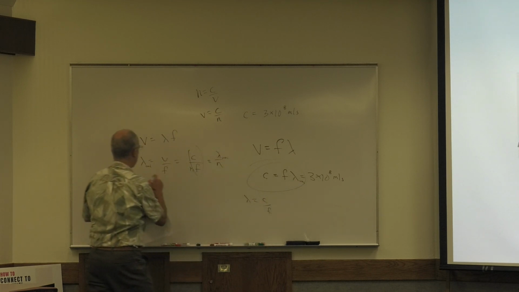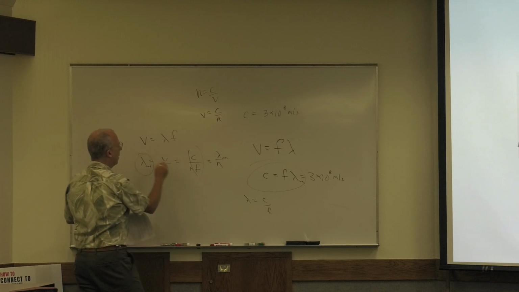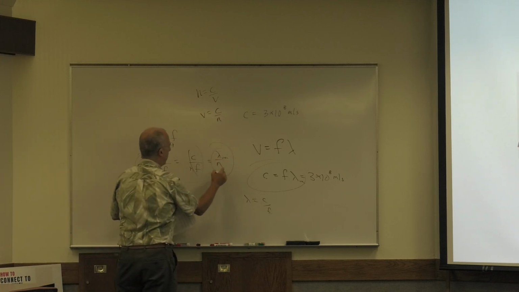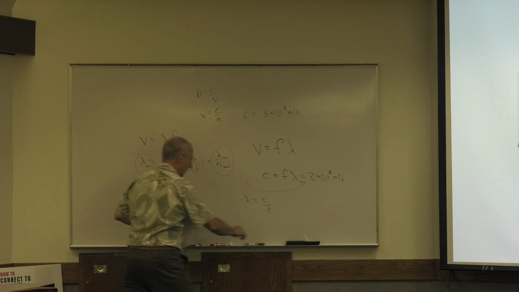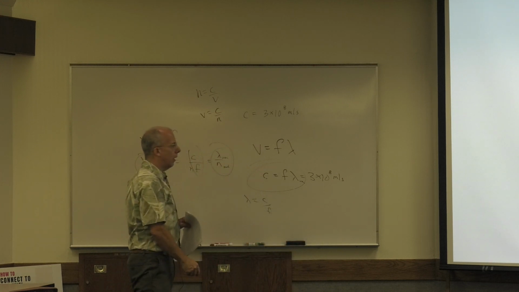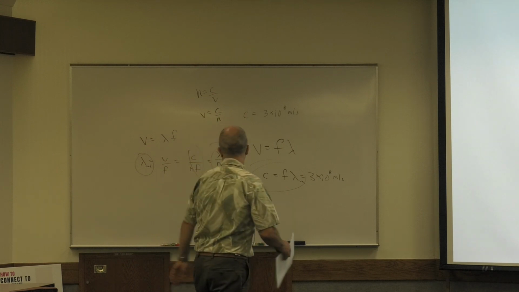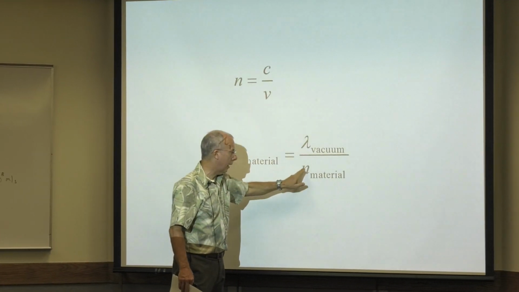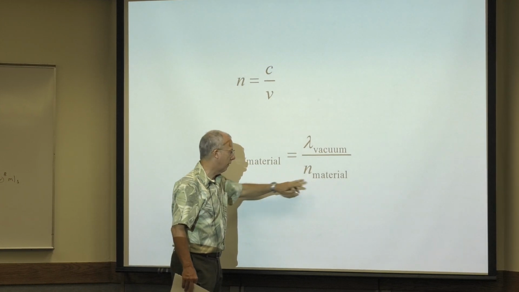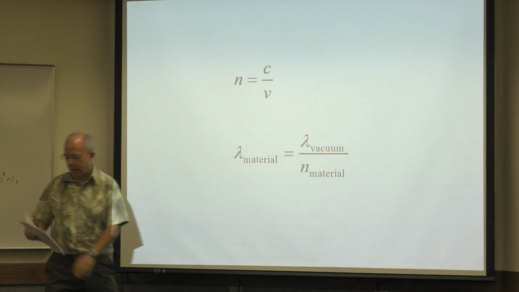So there's an equation: lambda medium equals lambda vacuum divided by n, or n medium if you want to put it there. It doesn't really matter. So lambda medium, material, whatever you want to call it, equals lambda vacuum divided by the index of refraction of the material. We're going to use that a lot.